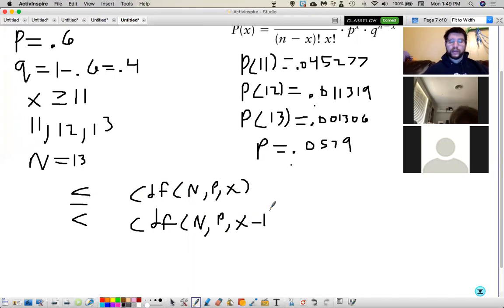Because it's binomial, our values are whole numbers only, so anything less than x is a whole number less than x, which is x minus 1. Now I can figure out greater than or equal to, because it's the complement of less than. So I'm going to do 1 minus this right here.